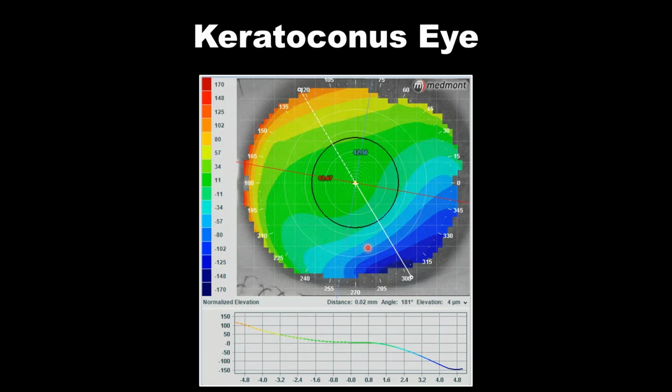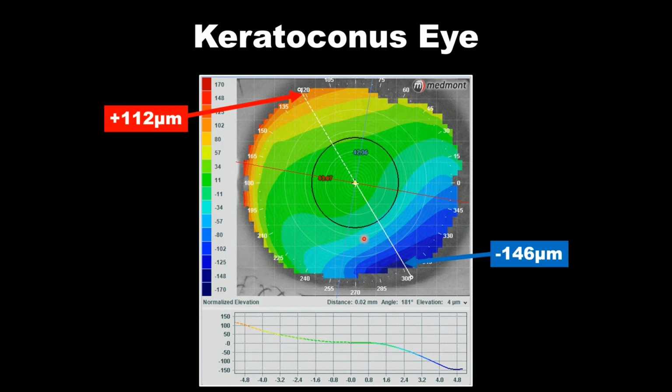Another consideration is the elevation. Let's pull up the elevation map. Look for the highest point. Look for the lowest point on the meridian of greatest elevation shift. And you can see from the map that we have the hottest curvature in this direction, the coldest curvature in this direction.